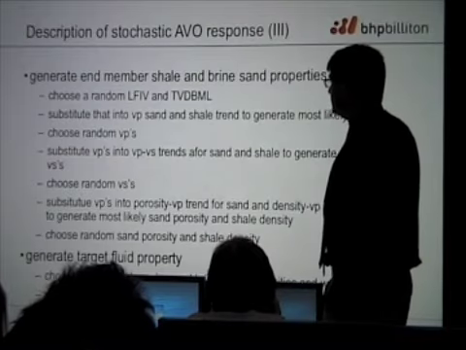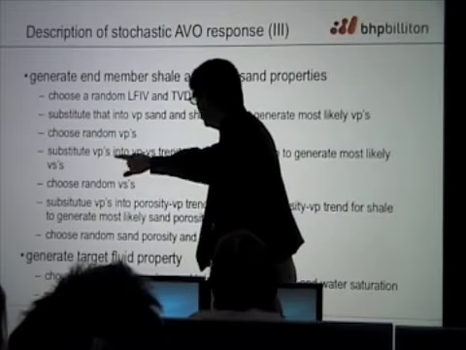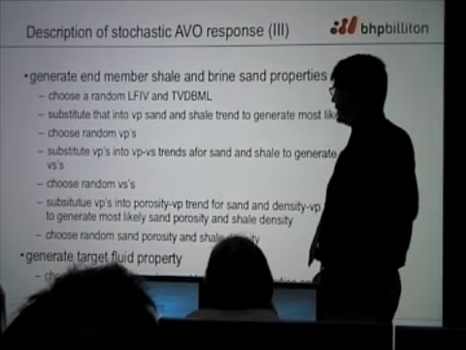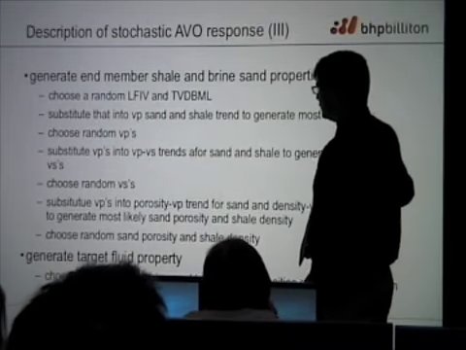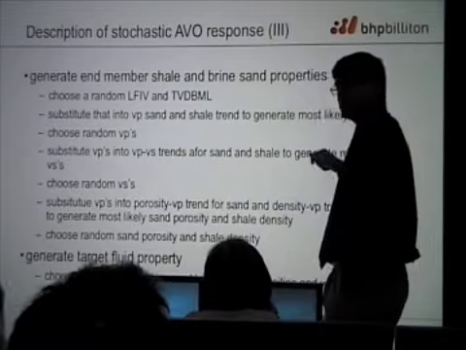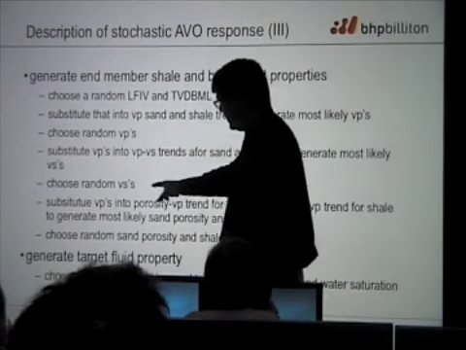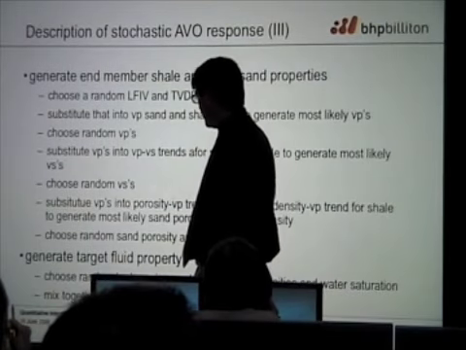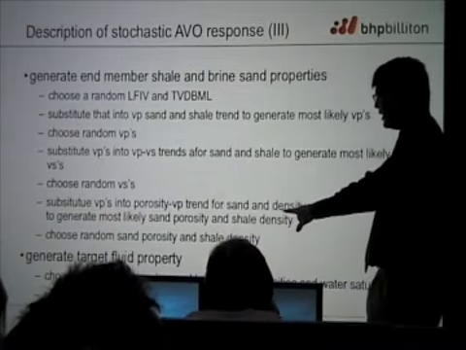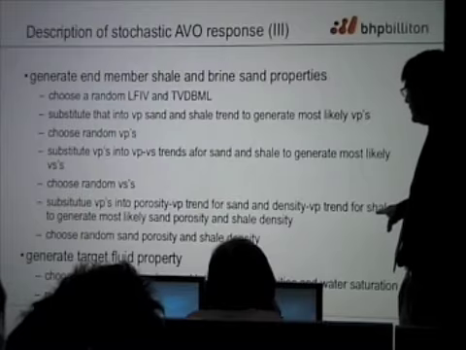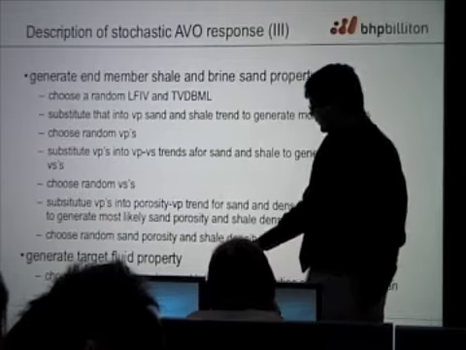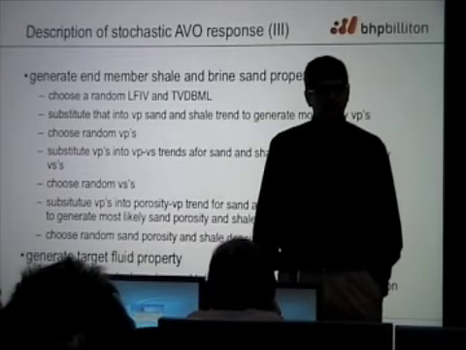Then we substitute this VP we've just chosen into both the VP-VS trends in these cases, and those will give us a most likely VS, but we know there's an uncertainty in that, so we spin the wheel again and come up with random VS's. We substitute those VPs again into the porosity VP and the density VP, spin the roulette wheel, and get one of these porosity and shales, okay?